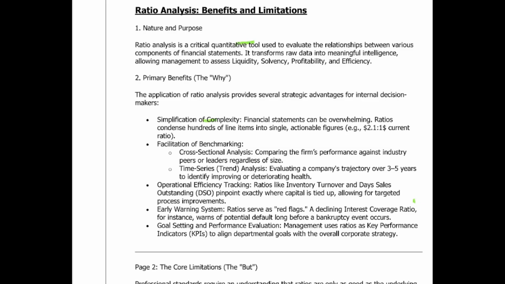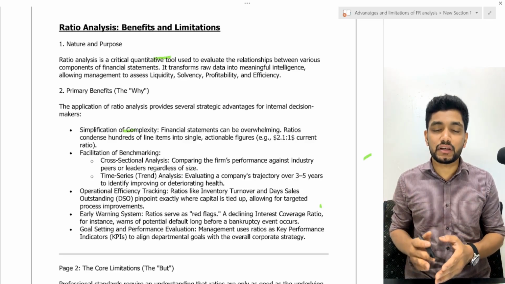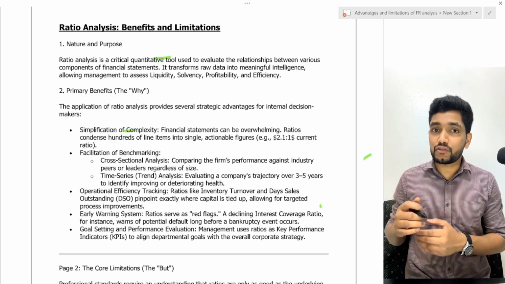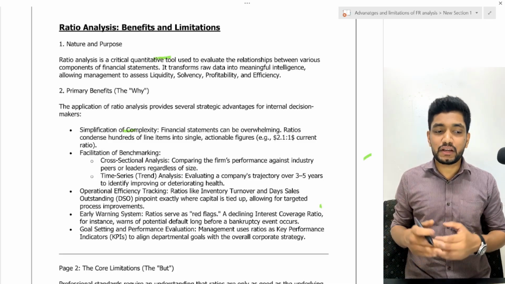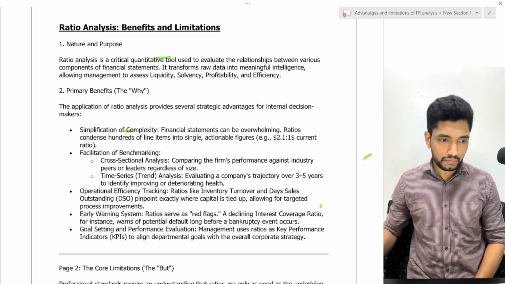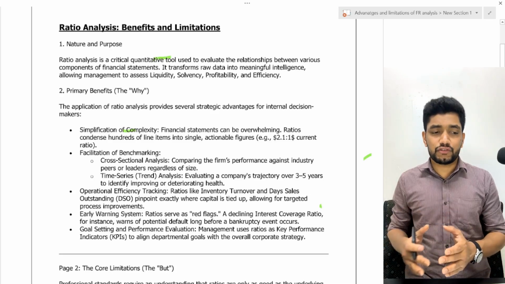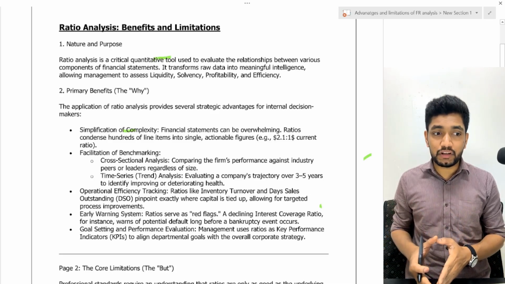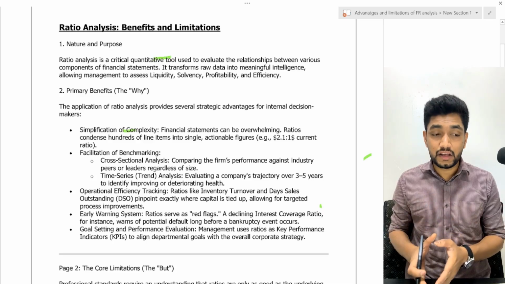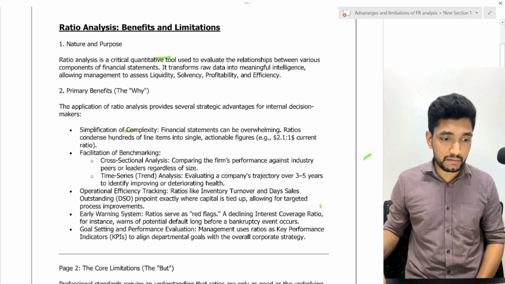Looking at current assets or current liabilities alone at a point in time can be overwhelming, but a current ratio simplifies it, showing how many times the company's current assets cover its current liabilities at a certain point in time. So the first benefit is the simplification of financial statements.